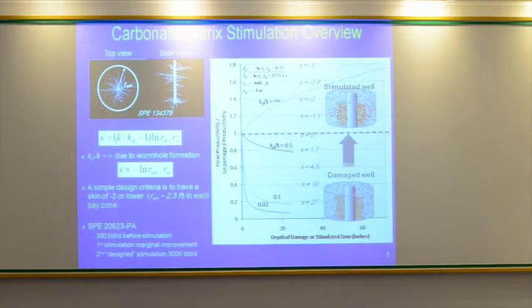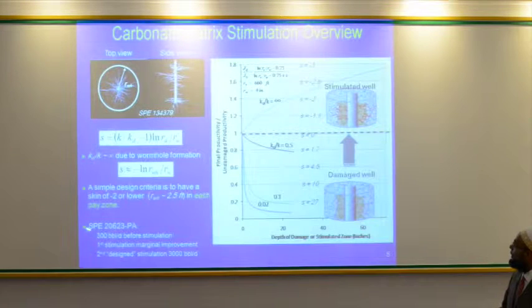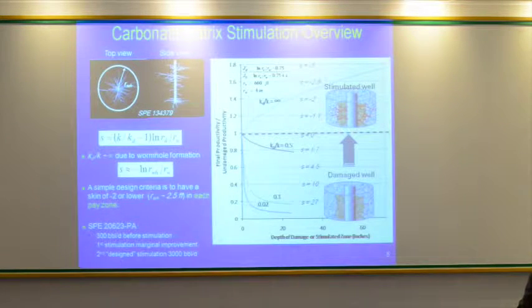Now I think I'll illustrate this with an example from this paper here, SPE 20623, which talks about a well which was producing 300 barrels of oil per day, right? They did a first acid treatment, and after the first treatment there was no change in production, right?